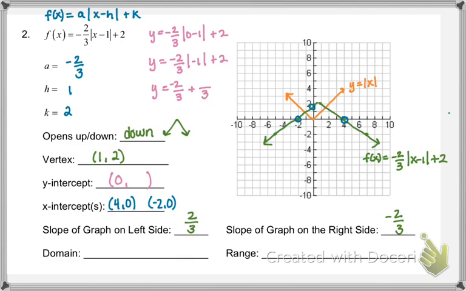So let's rewrite the 2 as 6/3. And then that would give me y as 4/3, which is 1 1/3. Okay, 1 1/3. So that is your y-intercept.